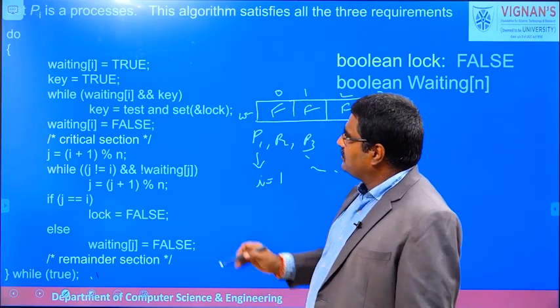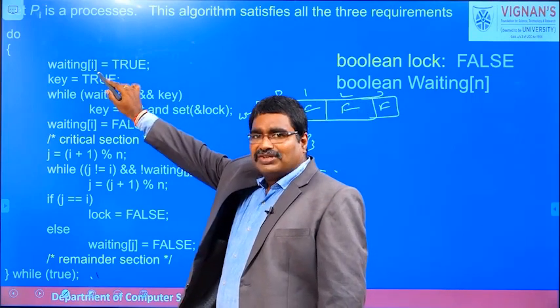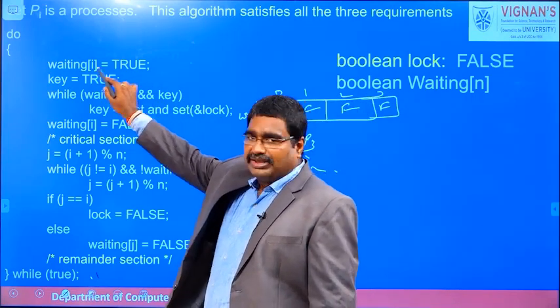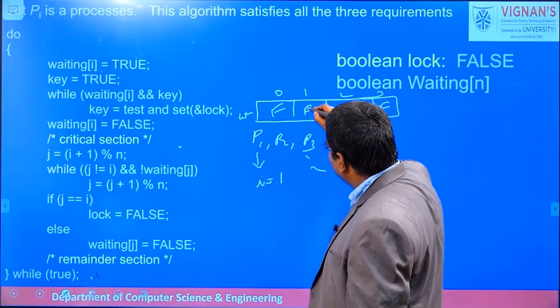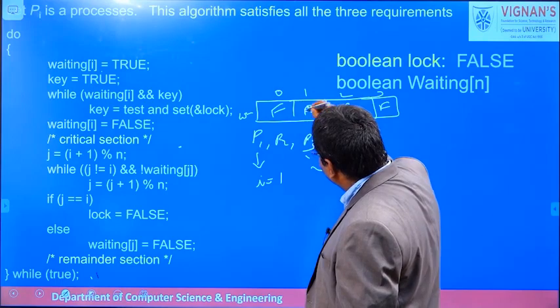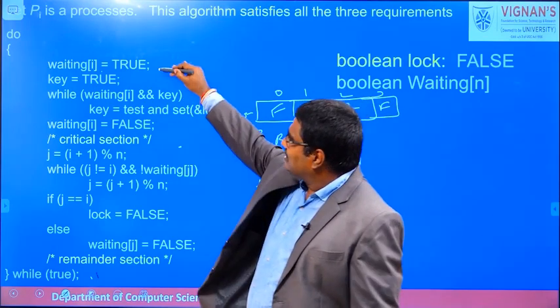First, it executes true assigned to waiting of i. For that reason waiting of 1, initially false, is changed to true. I hope you understand this one.